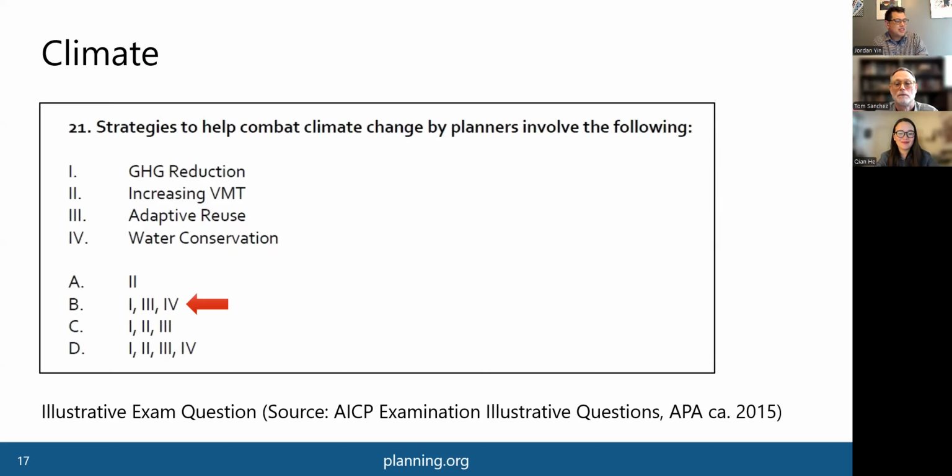Oh, and there was a question here. So strategies to help combat climate change by planners involve the following. And again, question structure, it's one of these, here's a couple of things, which one of these does or doesn't belong. Dealing with greenhouse gases, vehicle miles traveled, adaptive reuse, water conservation.